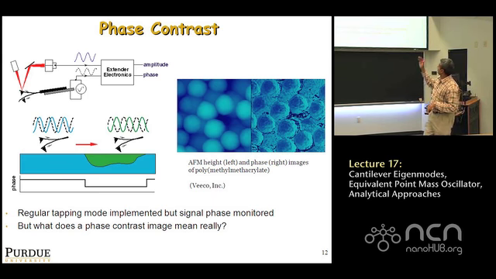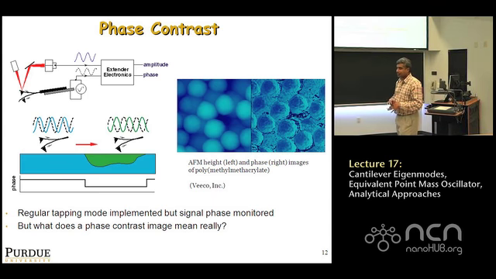So for example, here, this is from Veeco's, now Bruker's website. On the left, you see a topography image of this polymer system where you have these spherical bumps effectively. You see something, but when you look at the phase image, you just see really nice contrast in properties, okay?